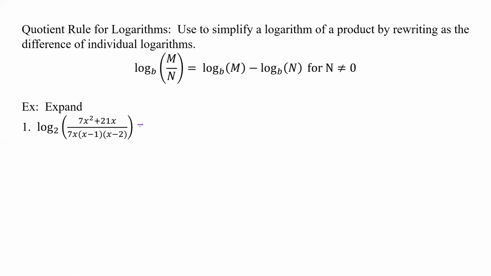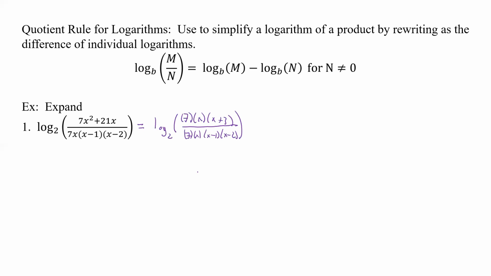Well, first, this one looks like we have to do some factoring. Okay, so, well, that gives us log base 2 of, well, it looks like we can pull a 7, an x, and x plus 3 out in the numerator. And here we have a 7, an x, x minus 1, x minus 2.